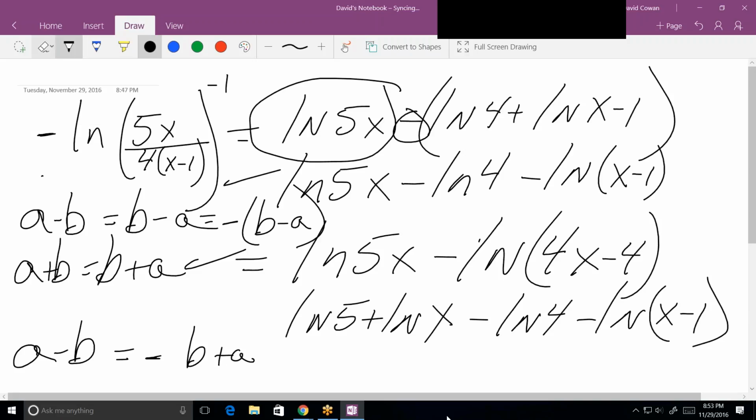In other words, it's now equal to minus the log of what you gave me in the first place. So you can always take that exponent and put it in front of the log, even if it's a negative exponent or a fractional exponent.